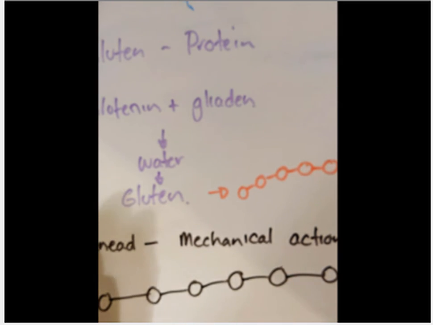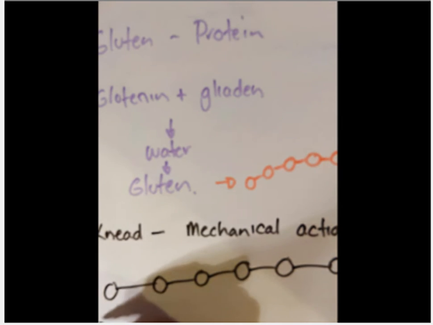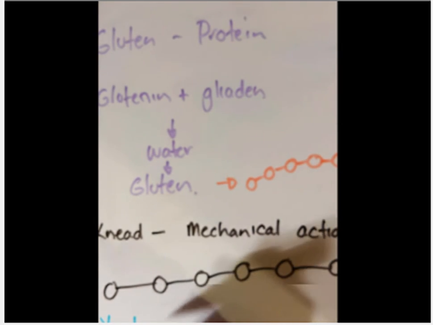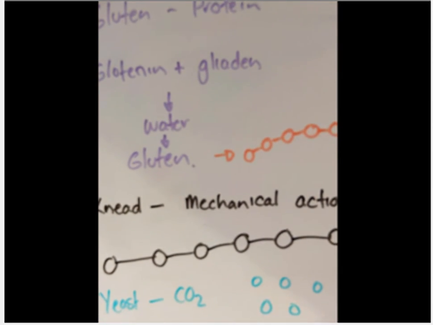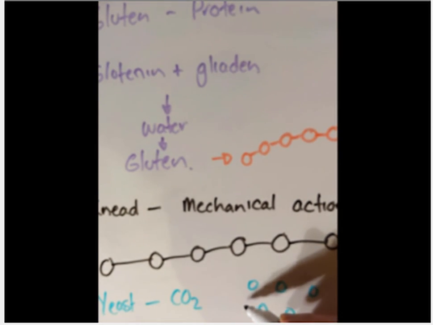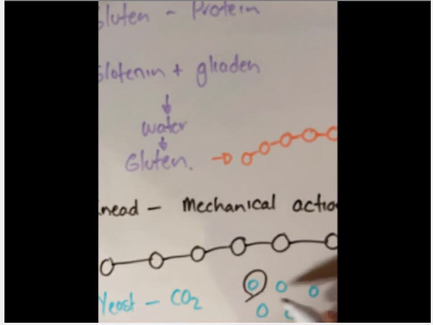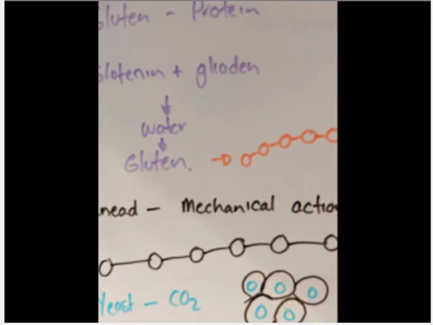And then what that can do is, we already know our yeast has created our CO2. So we've got all these bubbles of CO2 in our product. And when we have our gluten strands and we're stretching the bread through kneading, we're actually wrapping these protein strands around the air bubbles, and we're going to be trapping those air bubbles in the bread.